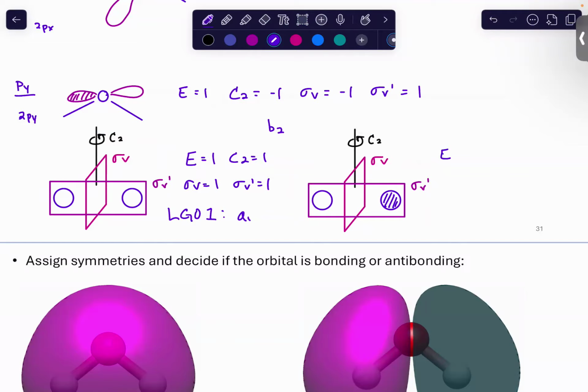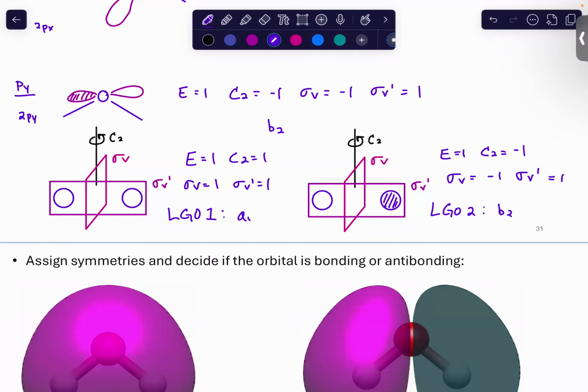This time our E will still be 1. Our C2 will be -1. Our sigma V will be -1. And our sigma V prime will be 1. Ligand group orbital 2 is going to be B2.